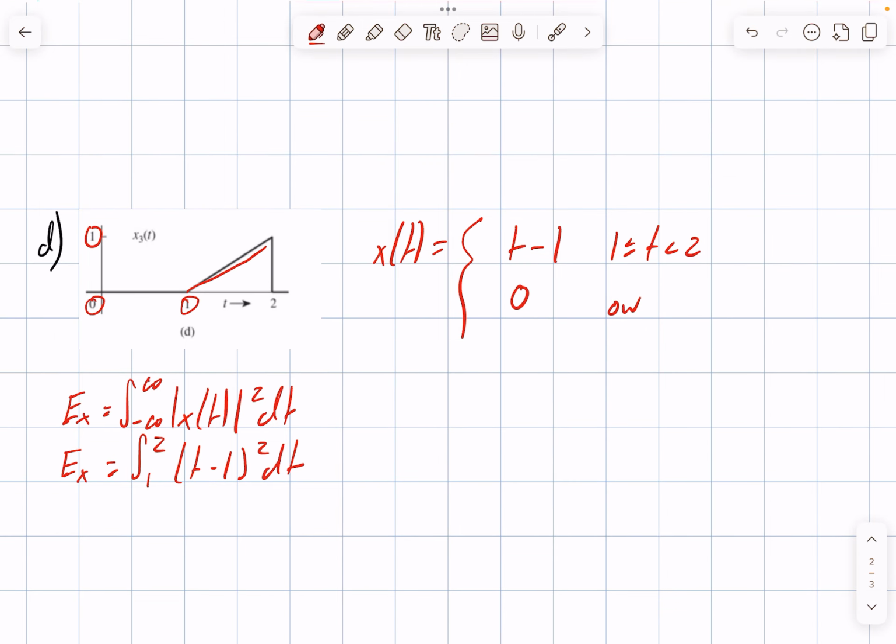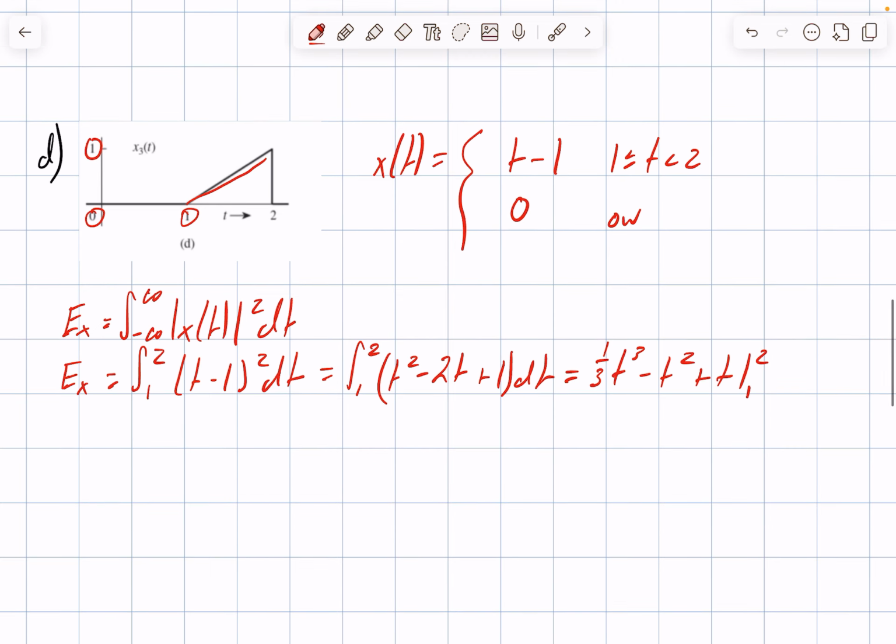And so in order to take the integral properly, we'll go ahead and expand (t minus 1) squared, which will be t squared minus 2t plus 1 dt. And so taking the integral of that, we will end up with 1/3 t cubed minus t squared plus t from 1 to 2.